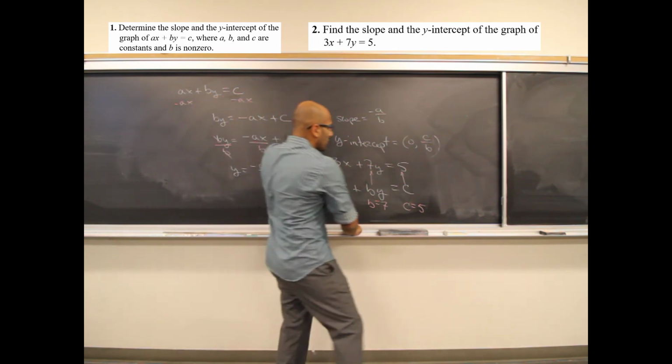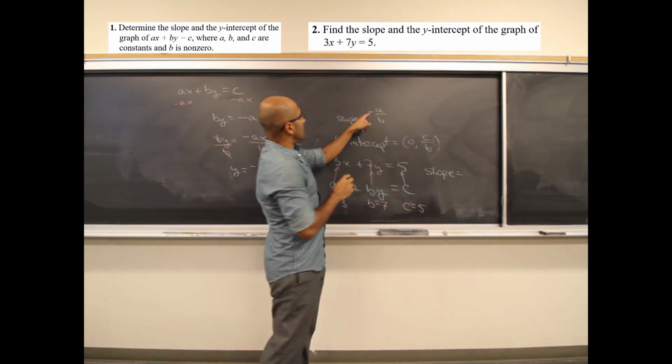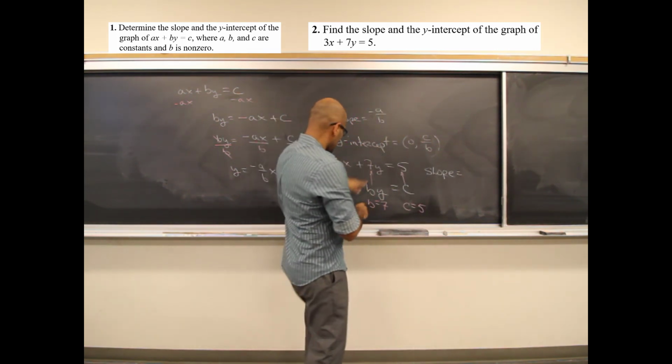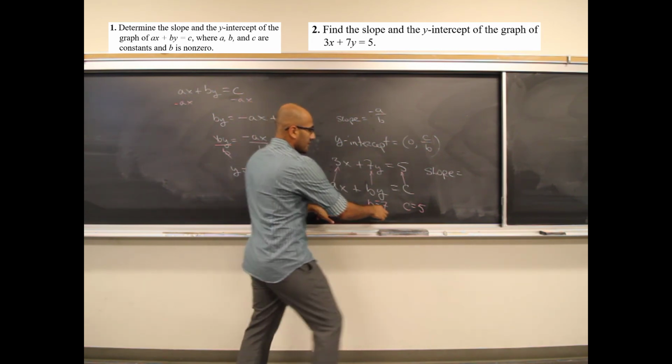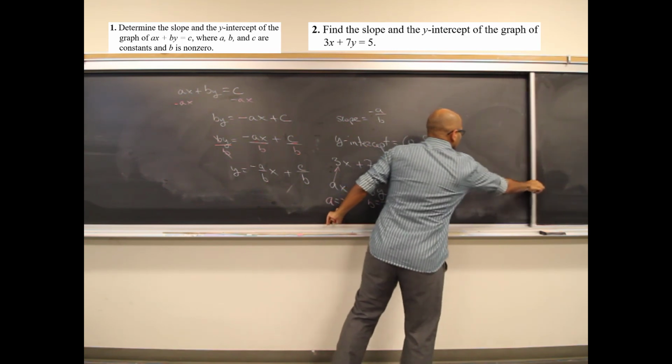So the slope is going to be this guy, negative a over b, so 3 over 7, but with the opposite sign.